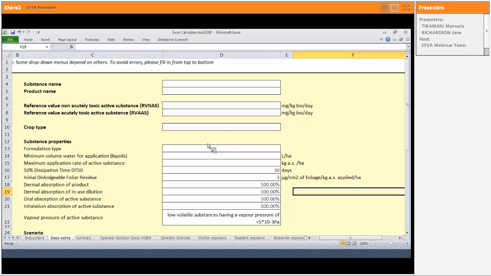Indeed, this was something that we discussed in the working group, and at a certain point we decided, to avoid confusion also with the users, to replace the usual name currently still in place, I have to say, of AOEL, acceptable operator exposure level. Because in the guidance, in the opinion of the PPR panel, the mention of an acute AOEL was done.